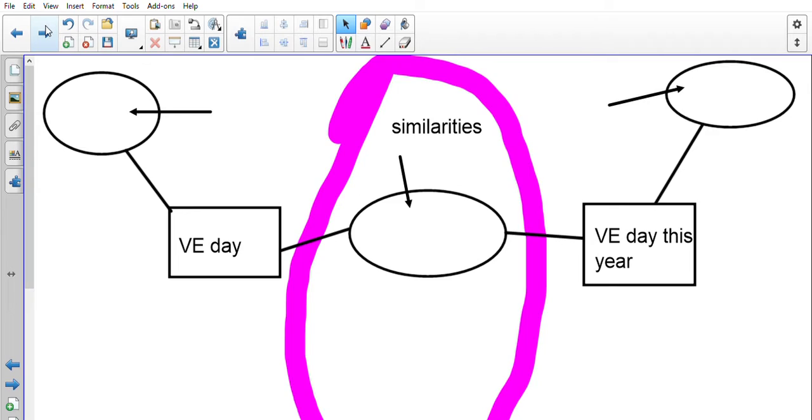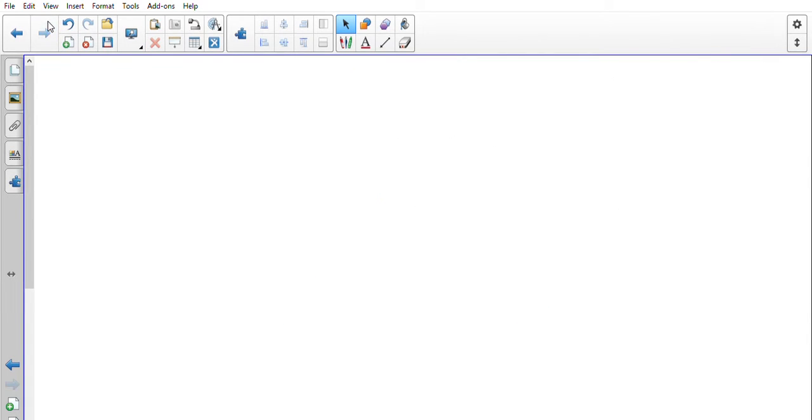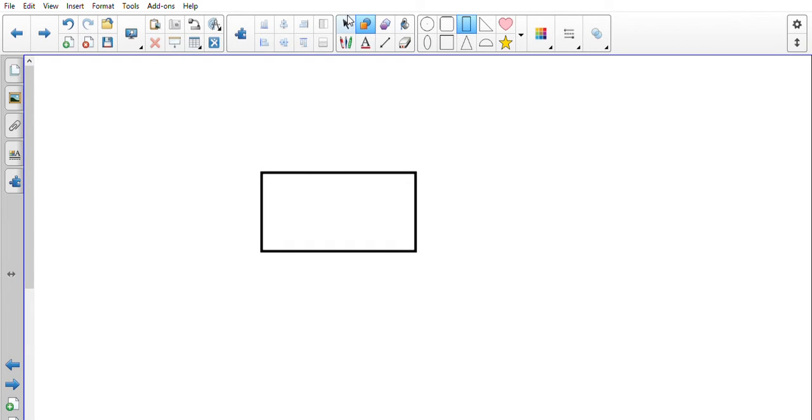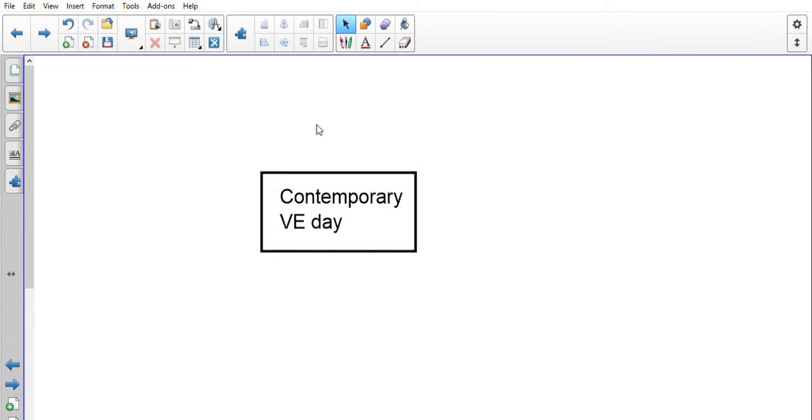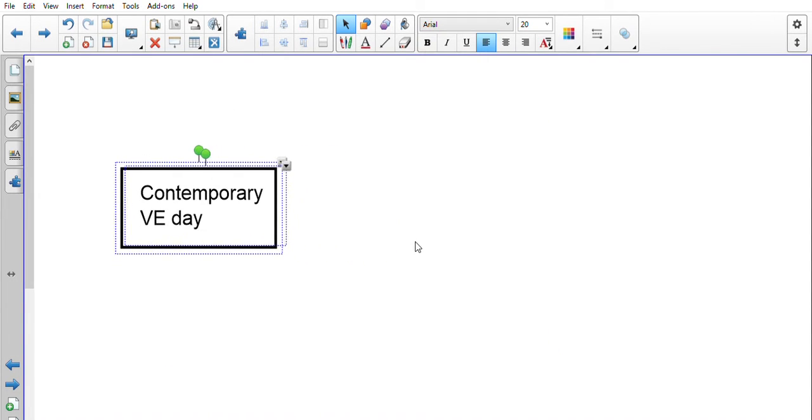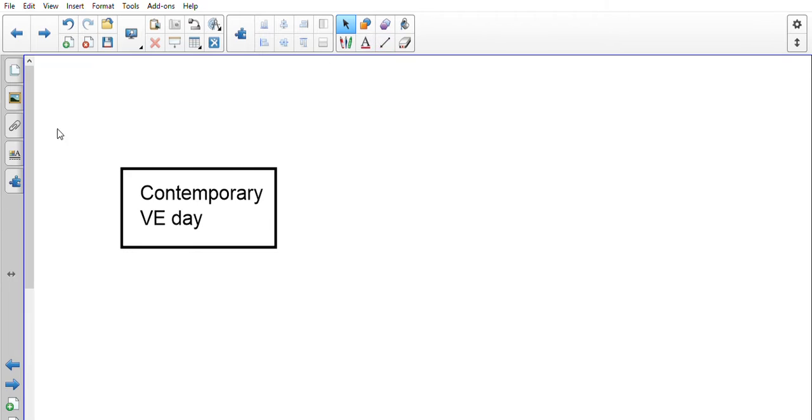Okay, what you can do as well is, for example, let's look at just one side quickly of it. If I had a contemporary VE Day, contemporary meaning modern day VE Day, and I still think about this being over here, I'd still have my link over on this side.